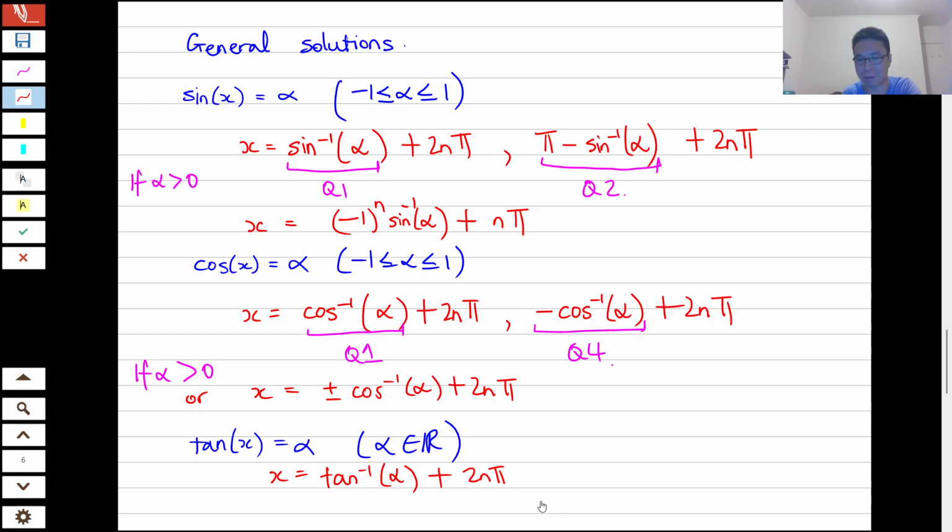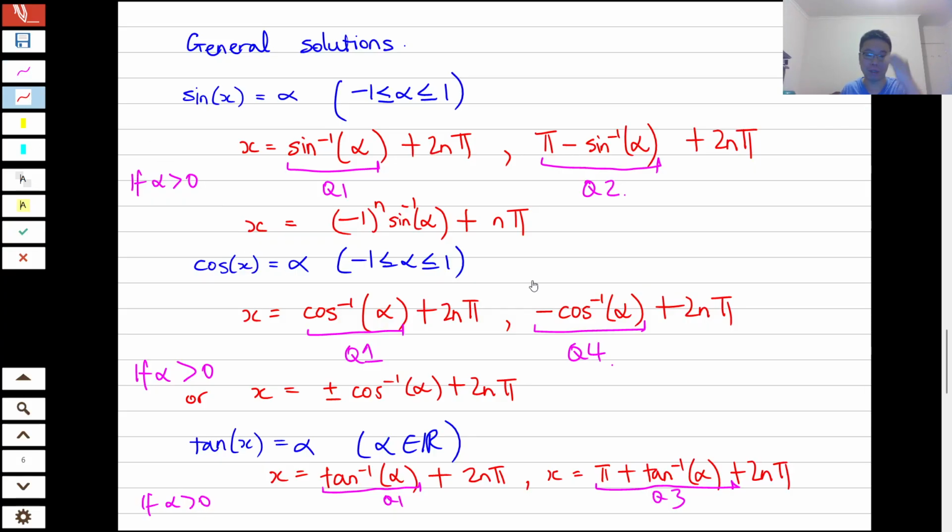In a moment, I'll collapse this, or x equals pi plus inverse tan of alpha plus 2n pi. And this, of course, is the first quadrant solution, and this is the third quadrant solution, provided that alpha is positive.